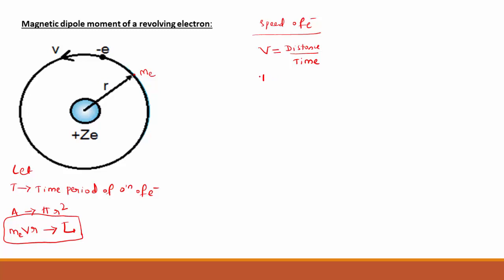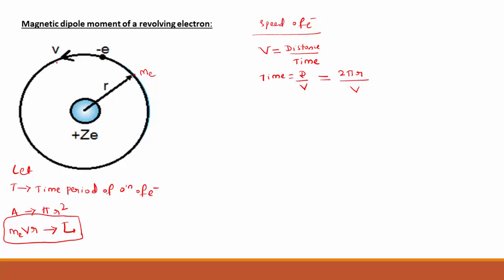Then time is equal to distance divided by speed. This electron is revolving around the nucleus in a circular orbit, so the distance covered is the circumference of the circle, 2 pi r, divided by its speed v.